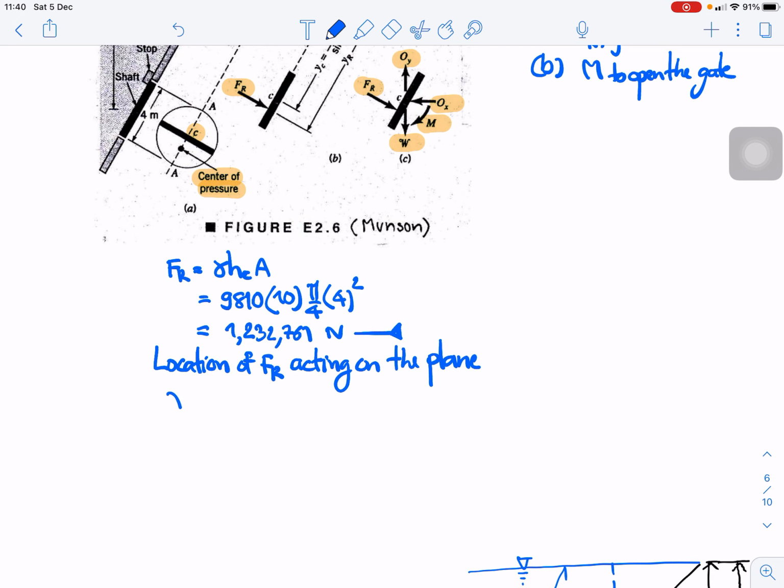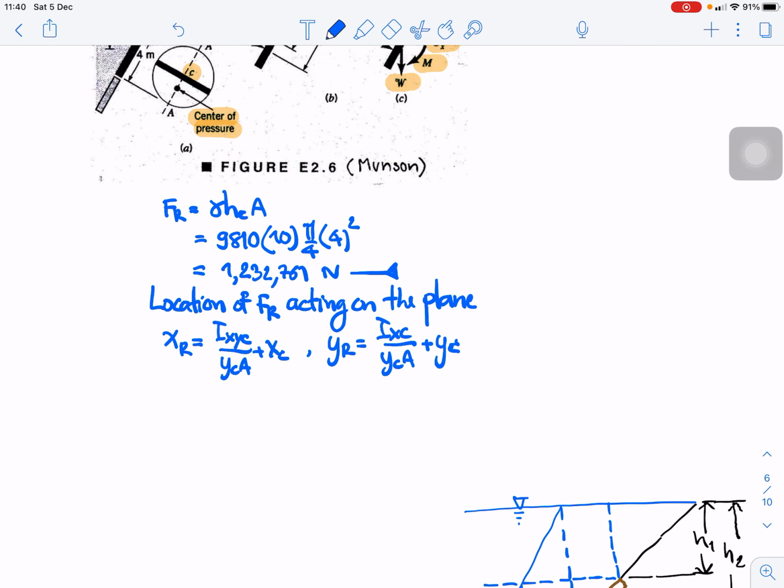Based on what we learned from the lecture, xR is equal to Ixyc divided by yc A plus xc, and yR is equal to Ixc divided by yc A plus yc. We realize the location of the resultant force is based on the equation of the moment of inertia. In this case, we use symmetry.